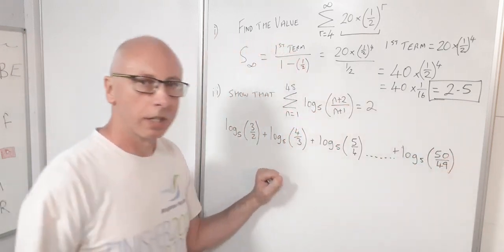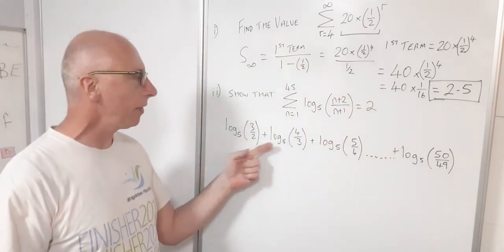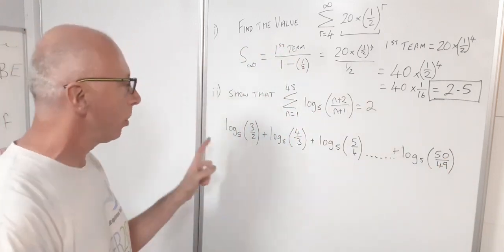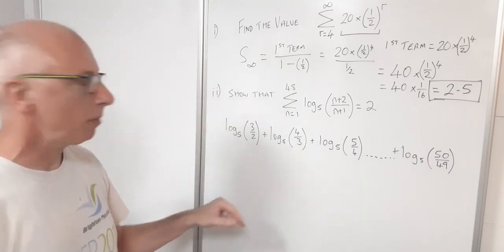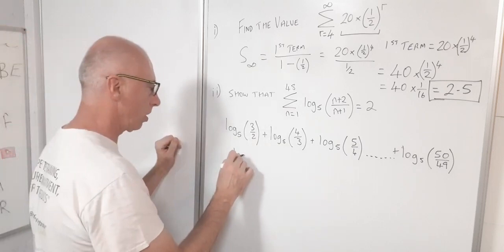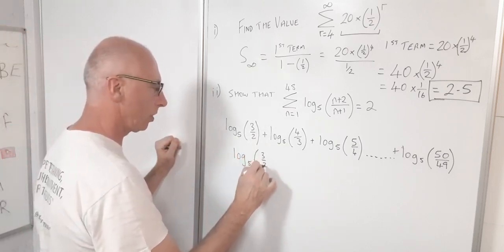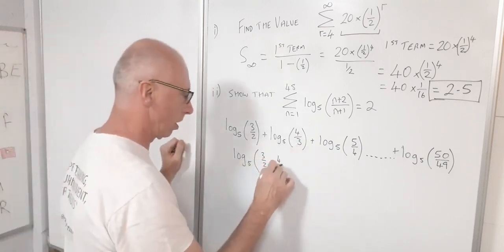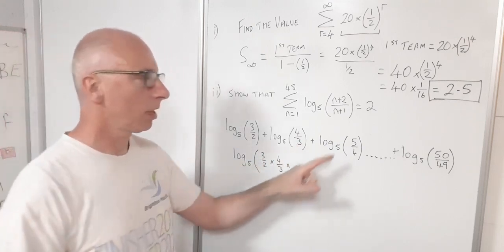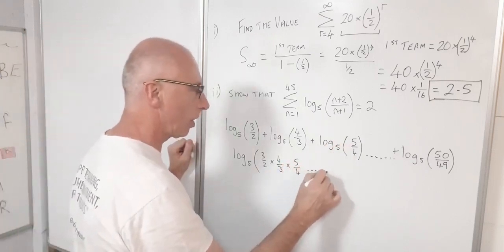Okay, right. Now, one of the properties of logarithms is when we add them, what I can do is put them all into one logarithm and then multiply them. So this then becomes log base 5 of 3 over 2 times 4 over 3 times 5 over 4, and that will keep going on and on.